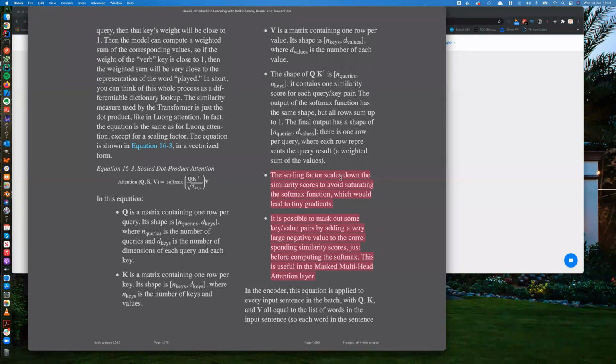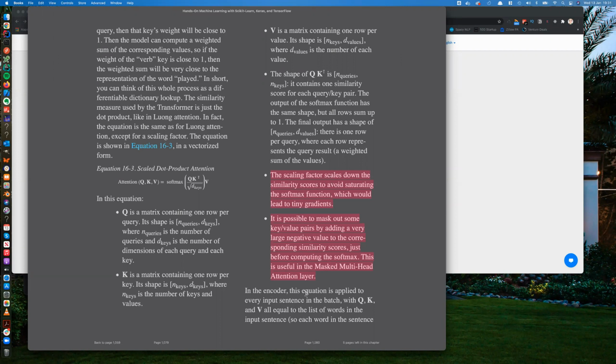The scaling factor scales down the similarity scores to avoid saturating the softmax function, which would lead to tiny gradients. It is possible to mask out some key value pairs by adding a very large negative value to the corresponding similarity scores just before computing the softmax. This is useful in the masked multi-head attention layer. So for things which you definitely don't want it to pick up, you can use this mechanism by giving a much larger negative score.